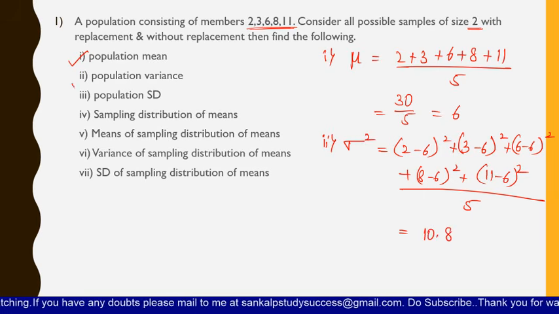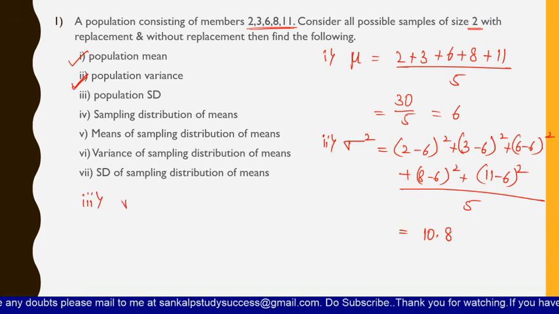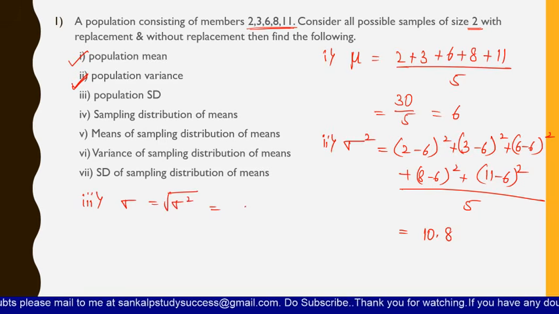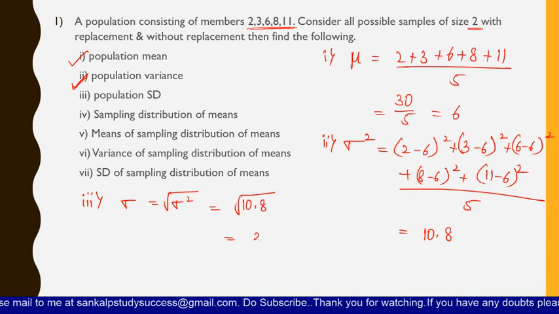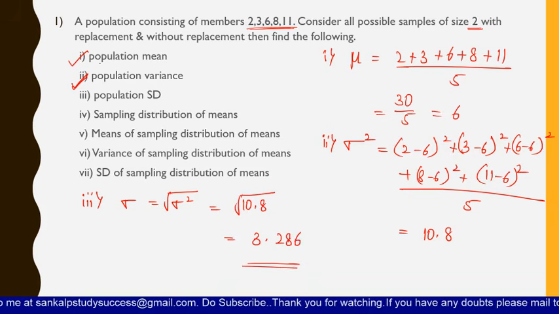So the population variance is 10.8. Now you have to find the population standard deviation, which is the easiest one. You just take the square root of the variance. Square root of 10.8 is 3.286. So this is the population standard deviation.